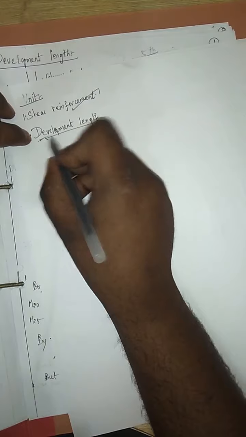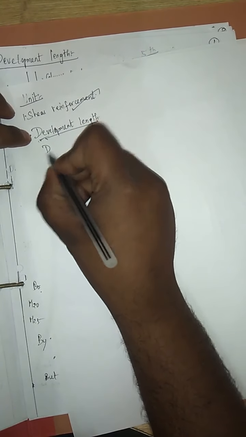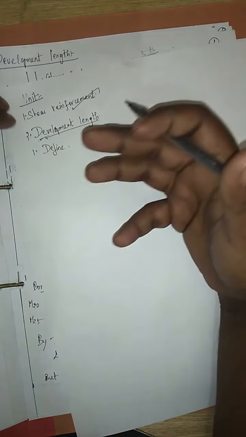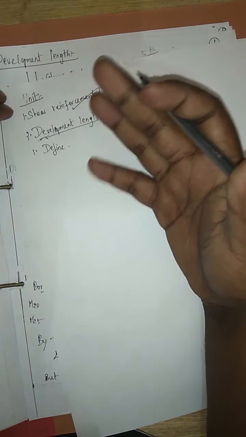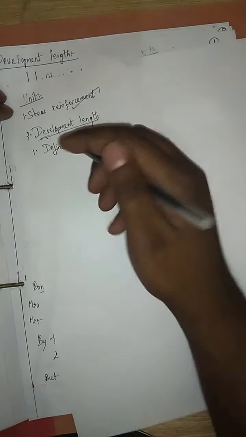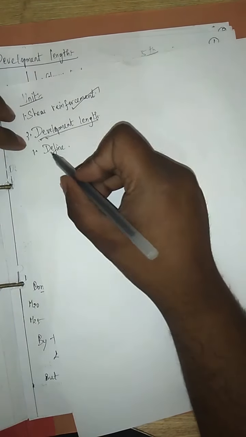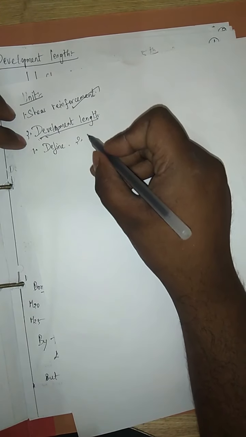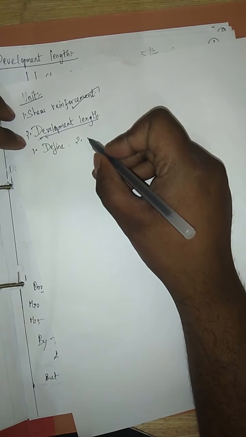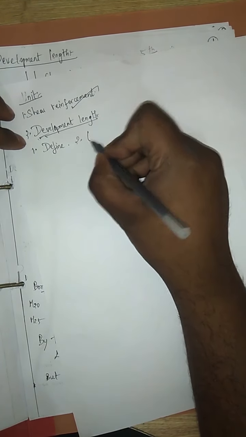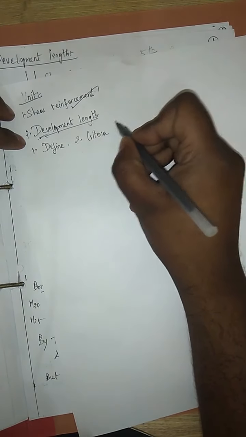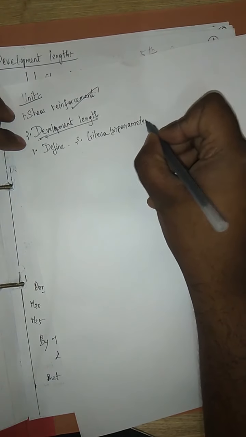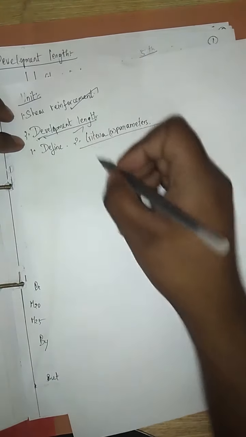First, under development length, I'm going to tell you what I will teach. First, a brief introduction and index of what comes under development length. First, I'm going to define what development length is. Second, the criteria or parameters that come under development length.